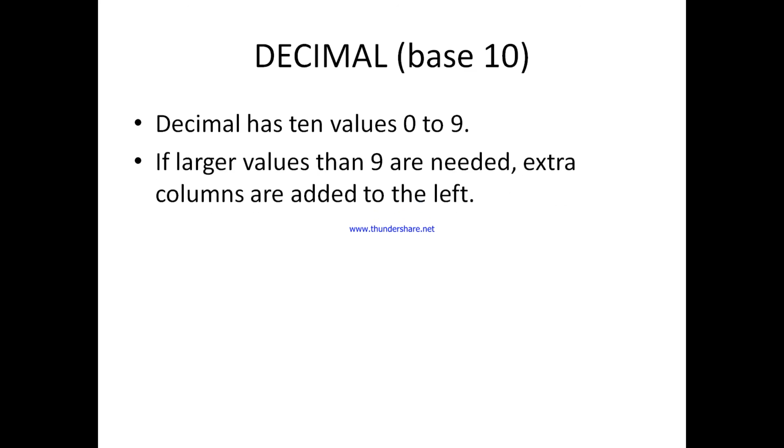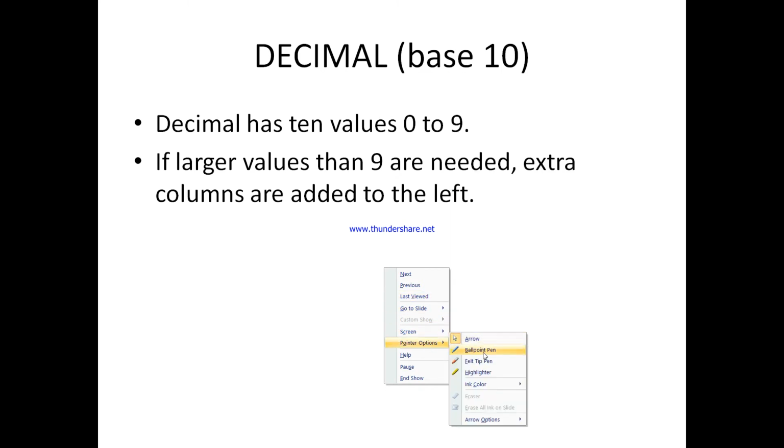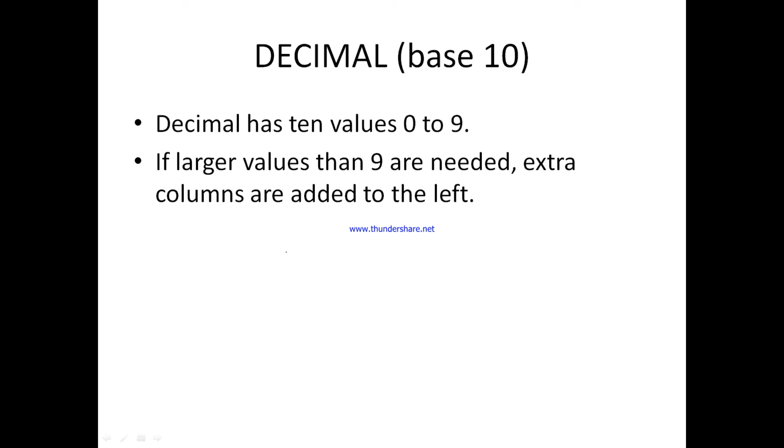If larger values are needed, we add extra columns on the left hand side. For example, to write 10 we add one more column to the left, so 10 to 19, then 20.